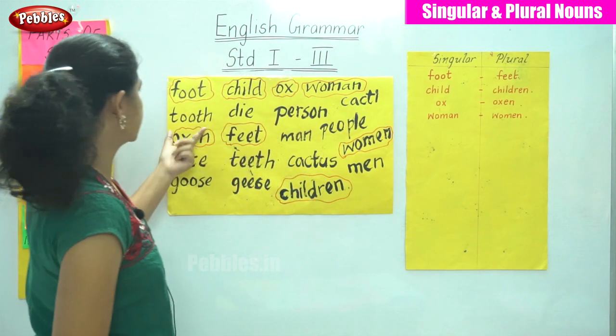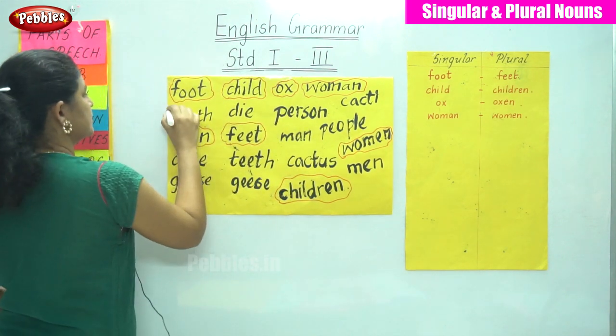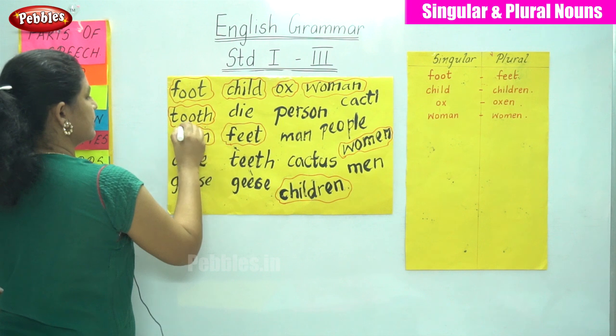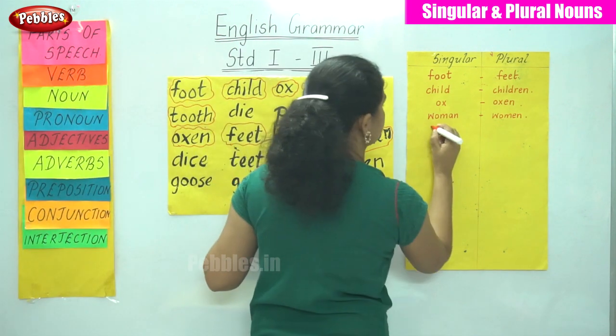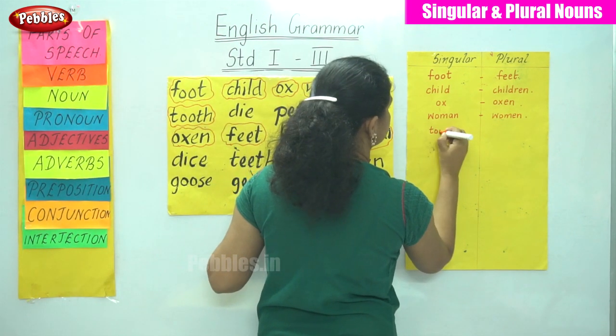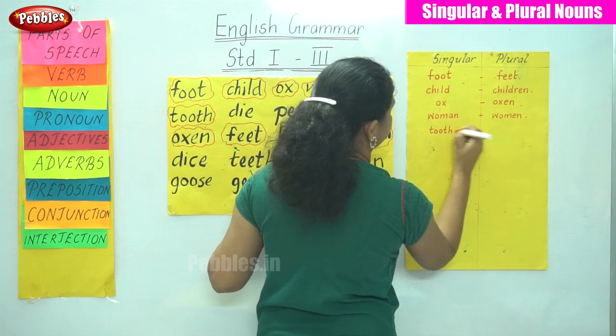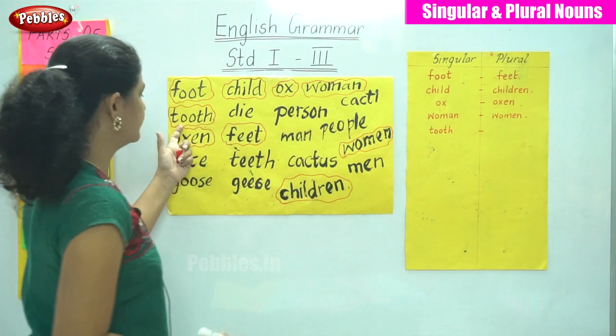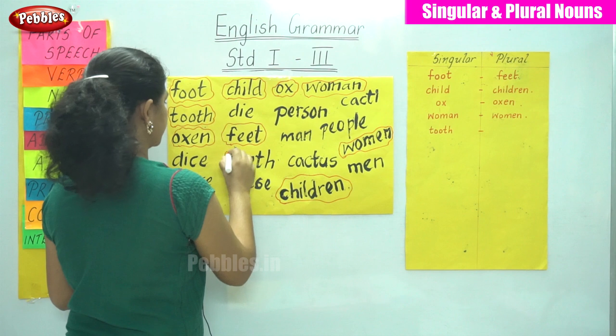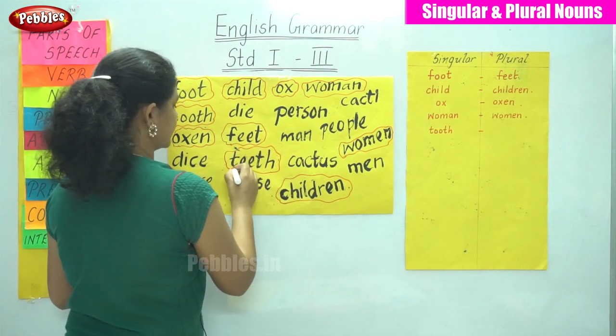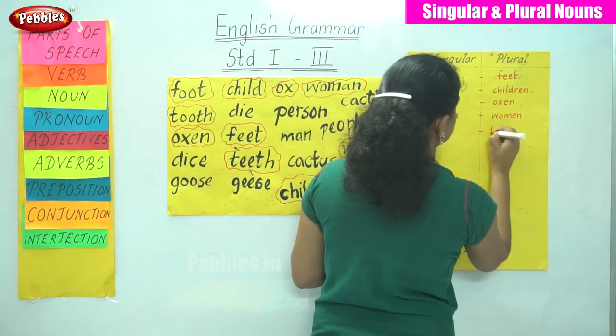The next word is tooth. So tooth is singular. And the plural for tooth is teeth. So I have the word teeth.